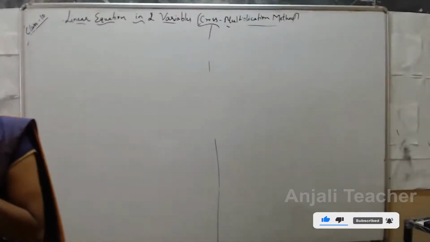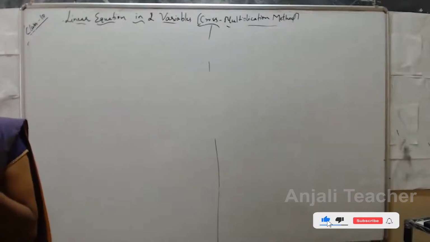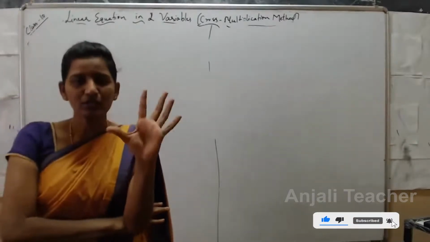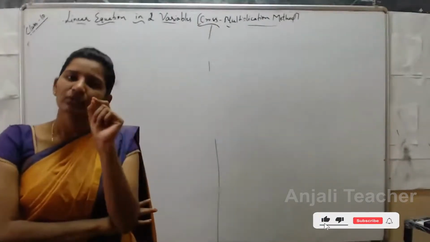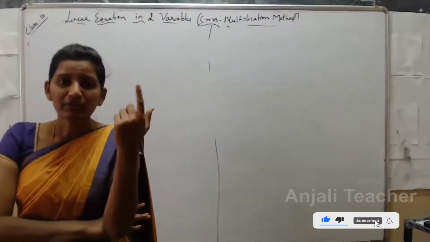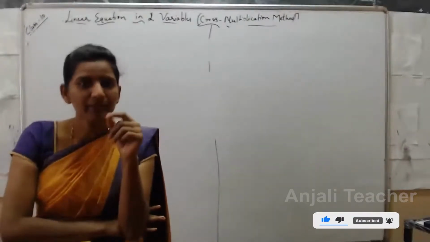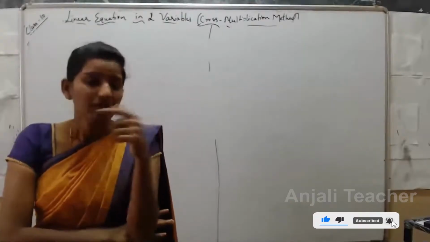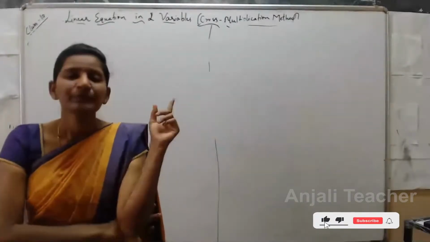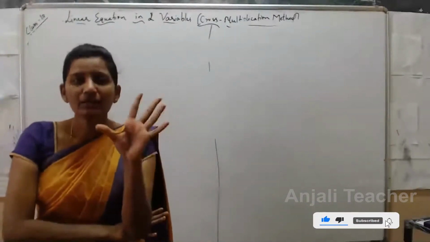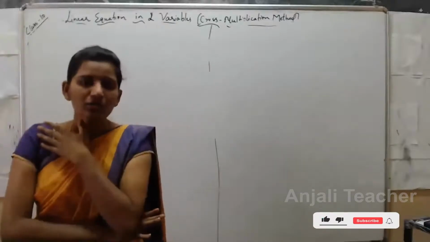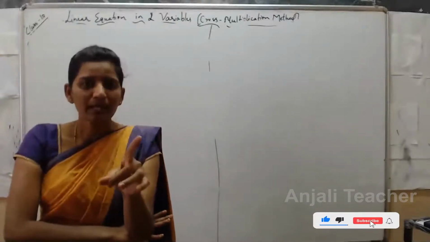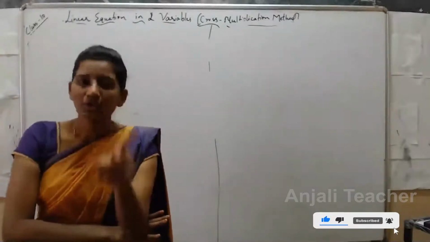Initially we have to check the ratios a1 by a2, b1 by b2, c1 by c2. If a1 by a2 is not equal to b1 by b2, then it has a unique solution where the lines are intersecting. See the table. If the lines are coincident, all ratios are equal. If the lines are parallel, the last ratio is not equal.